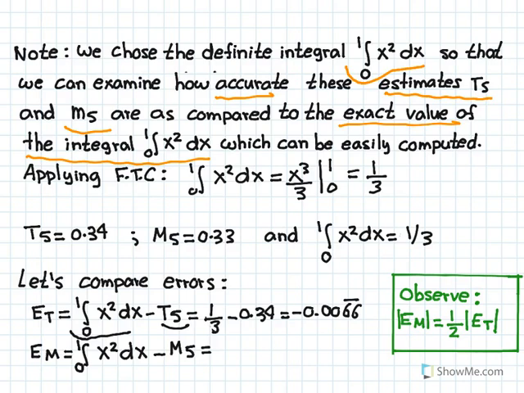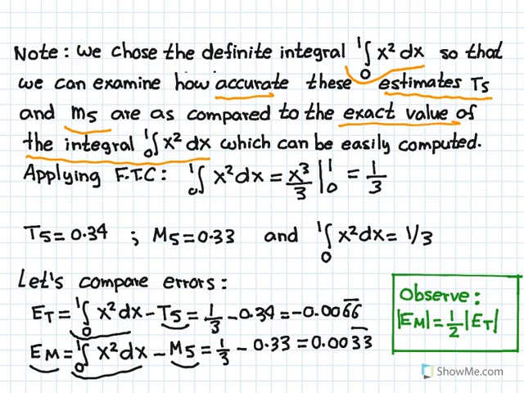And the error of the midpoint rule, that's going to be the integral from 0 to 1 of x squared dx minus the midpoint approximation. That gives us 1/3 minus 0.33. That's equal to 0.0033.